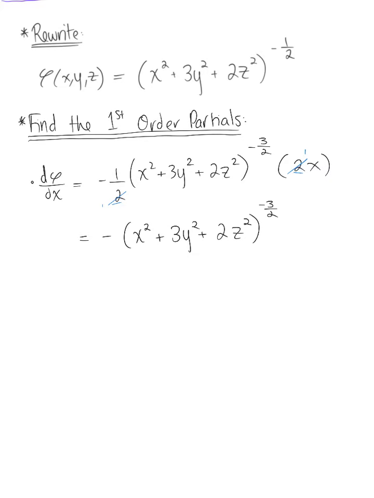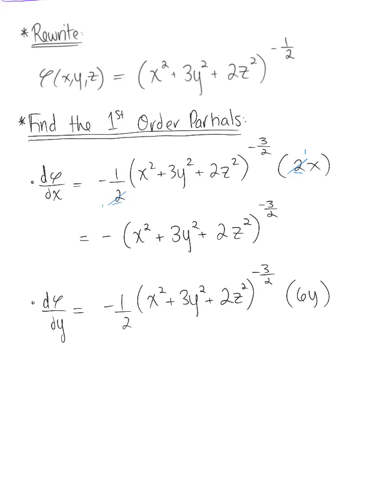So we want to do the same thing now for the partial derivative of phi with respect to y. So again, applying that chain rule, I have 1/2 multiplied by x squared plus 3y squared plus 2z squared, all raised to the minus 3/2. And now this is multiplied by the derivative of the inside with respect to y.